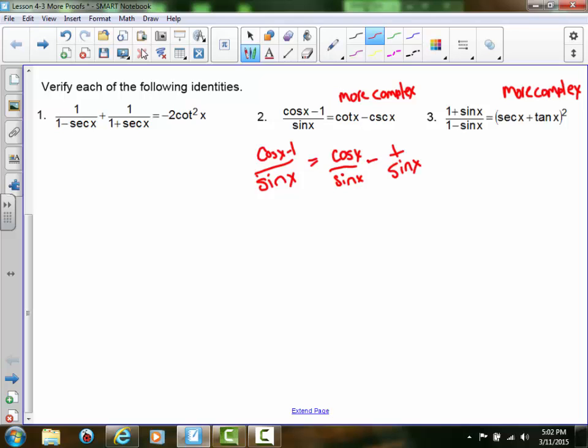Because these are fractions with a common denominator, I can subtract them. So cosine x minus 1 over sine x, and that is a match for the left-hand side. So I'm already done. They don't have to be long, right?